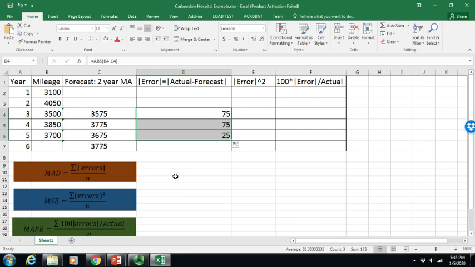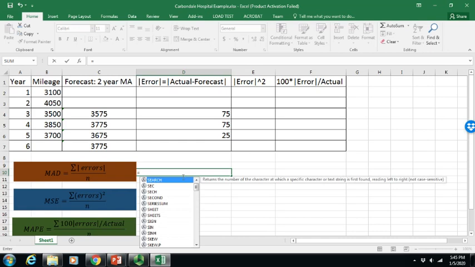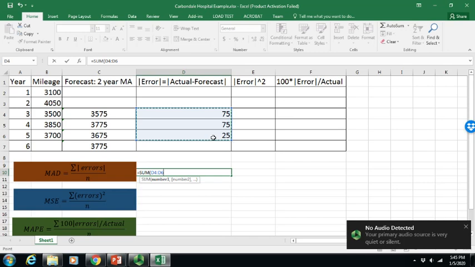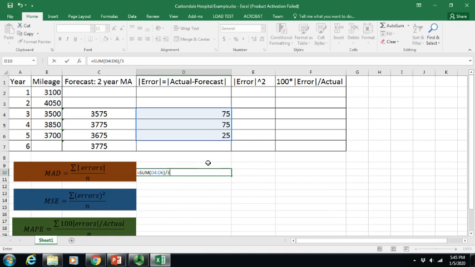Okay, the math says sum these errors and divide by n. Like sum, highlight these 3 numbers, divided by 3.